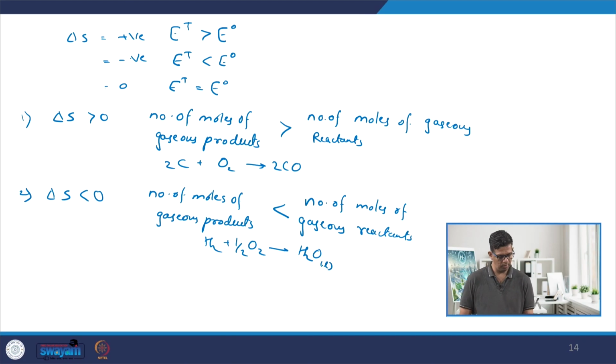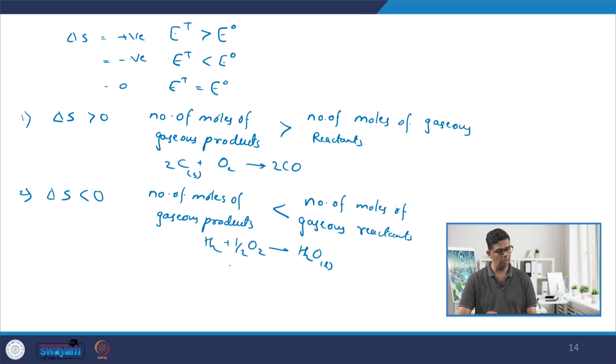This is in liquid form, this is solid. So, if you look at this reaction, we have 1 mole of hydrogen gas, we have half mole of oxygen gas. So, together it is 1.5 moles of gaseous reactants getting converted into no gaseous product if this happens at low temperature. So, in other words, the number of gaseous products is less than that of the reactants.